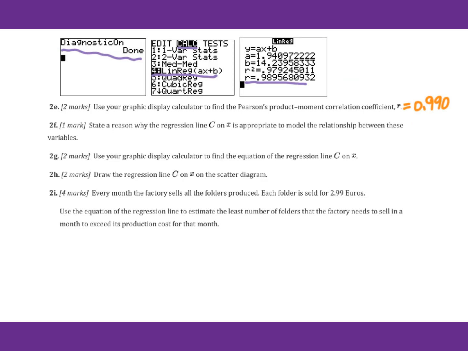Now for 2F, state a reason why regression line C on X is appropriate to model the relationship between these variables. Because this R is very close to 1. Or you could say correlation is high. Look at the 2G.